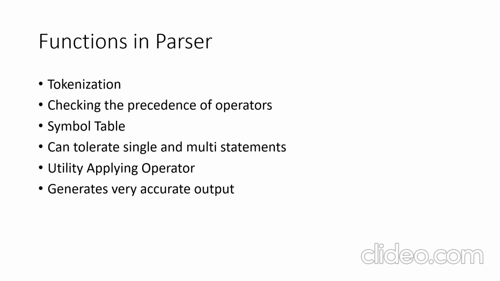First of all, tokenization. Tokenization is the first thing that a person does to complete this task, followed by further steps. In tokenization, first of all, I have to give an input to the parser.